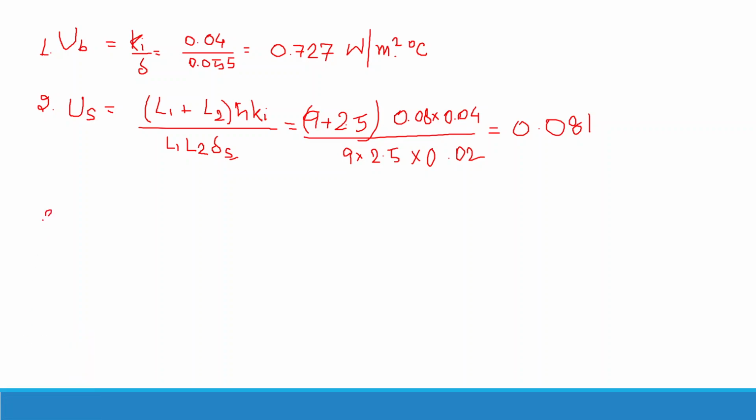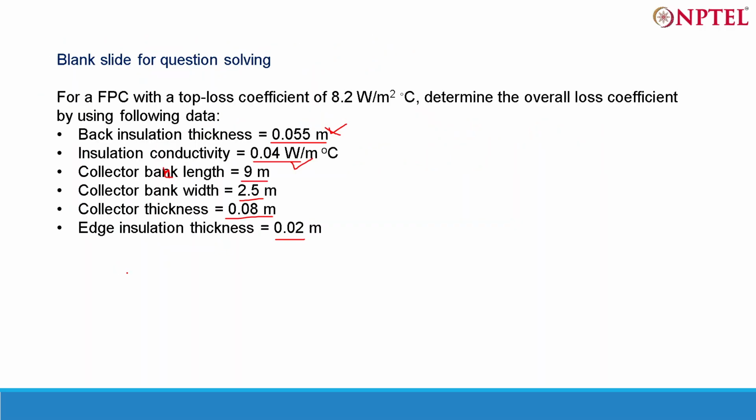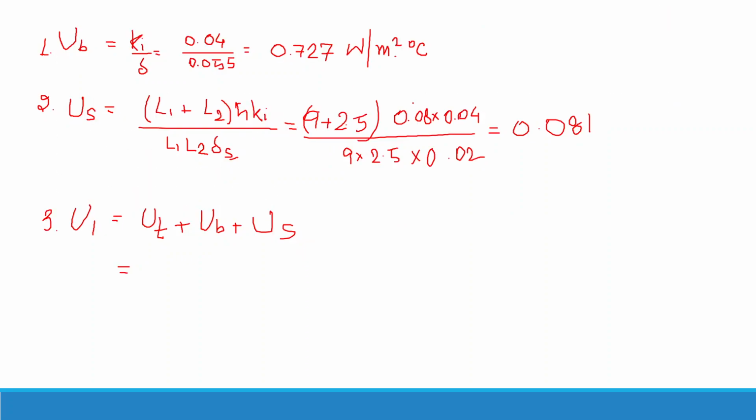Now, the third thing, that is the main thing being asked in the question. The overall loss coefficient is equal to U top, U bottom or back, and U side. How much was the U top? 8.2. How much was the bottom? 0.727.